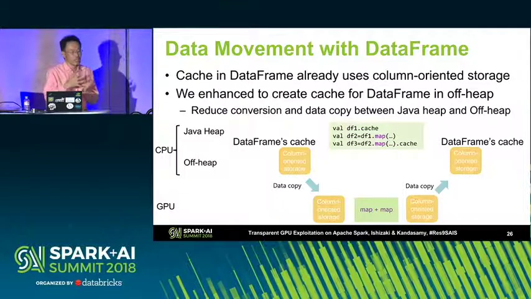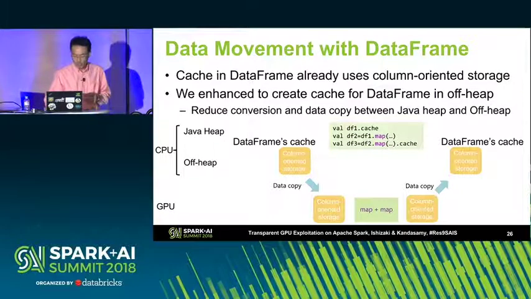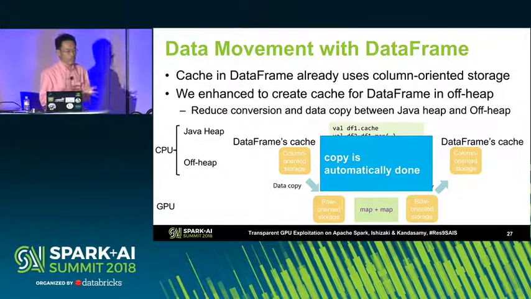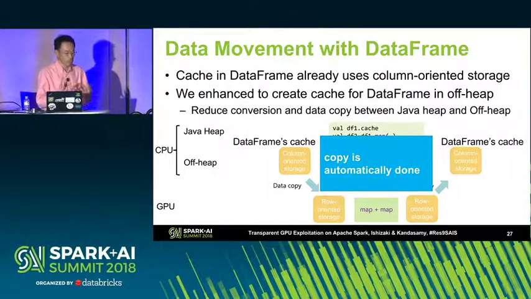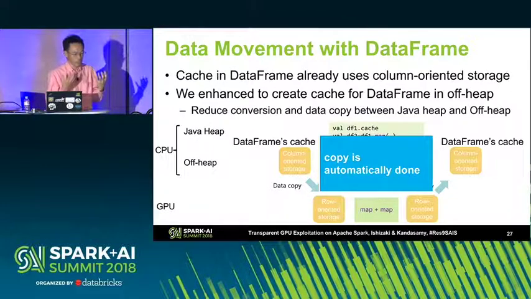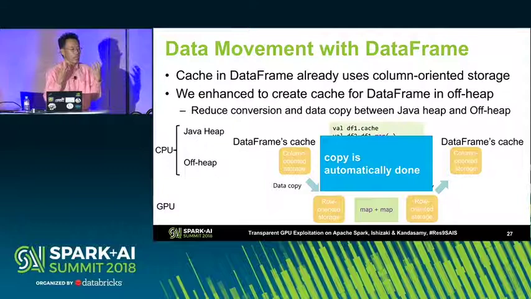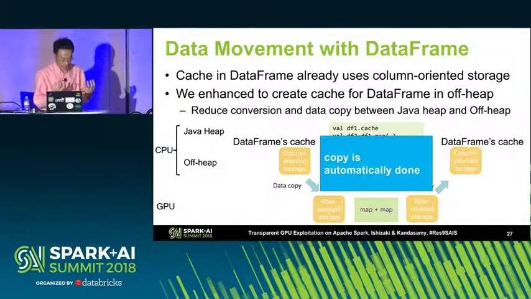I mean, copy from GPU to CPU. Again, in this approach, we can also hide these operations from the user. So this copy operation is done by the enhanced Spark automatically. That's an advantage for the user for ease of programming on GPU.